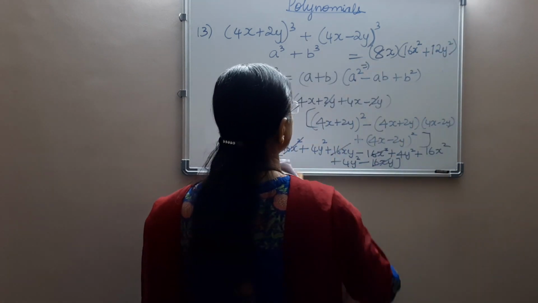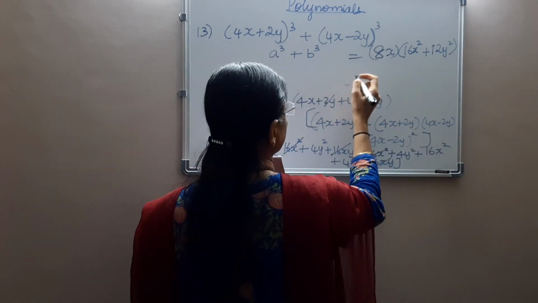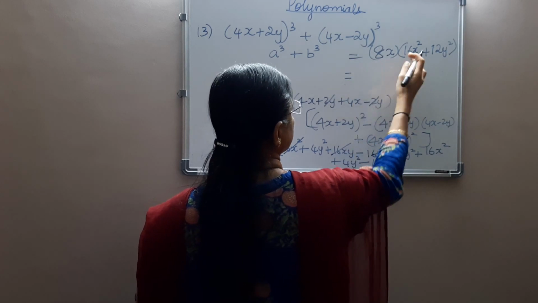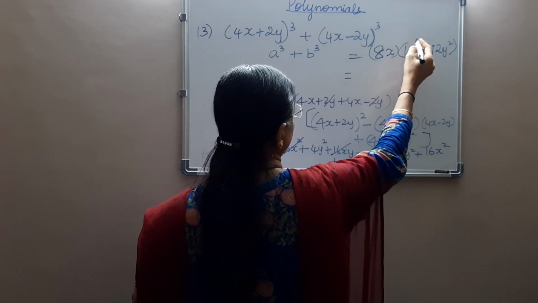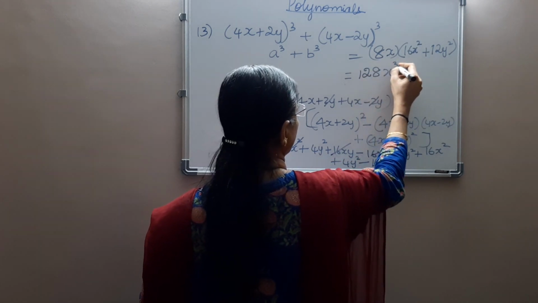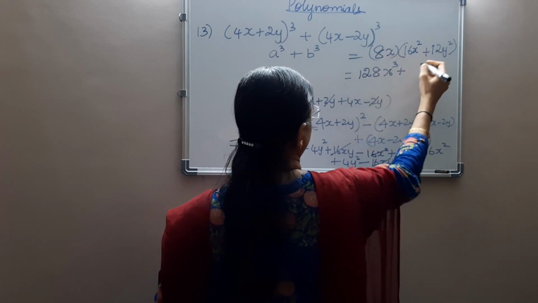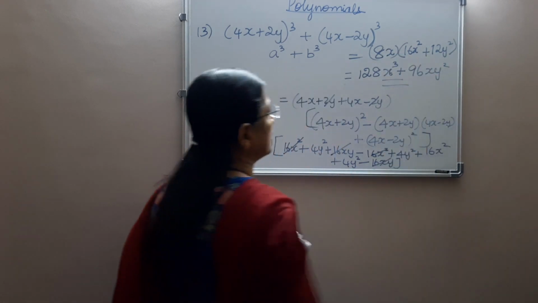If I multiply with 8x, then the answer will be 8x into 16, 16 8s are 128, so that is 128x cube plus 12 8s are 96xy squared. So this is your answer.